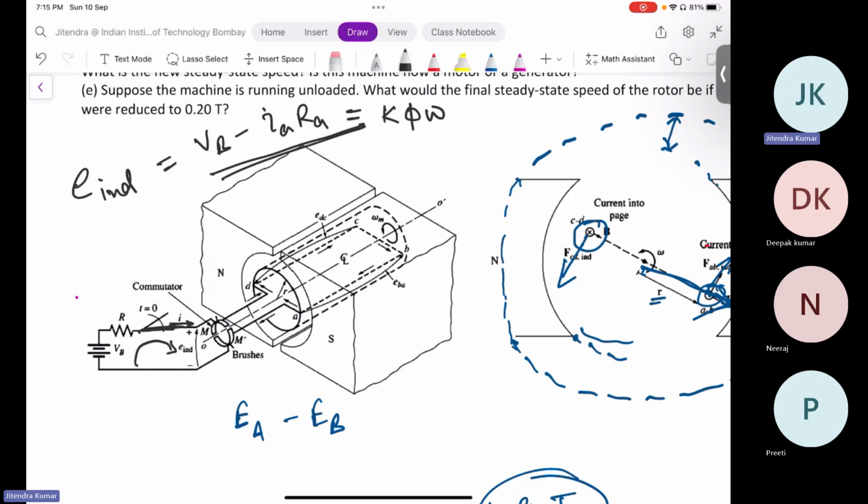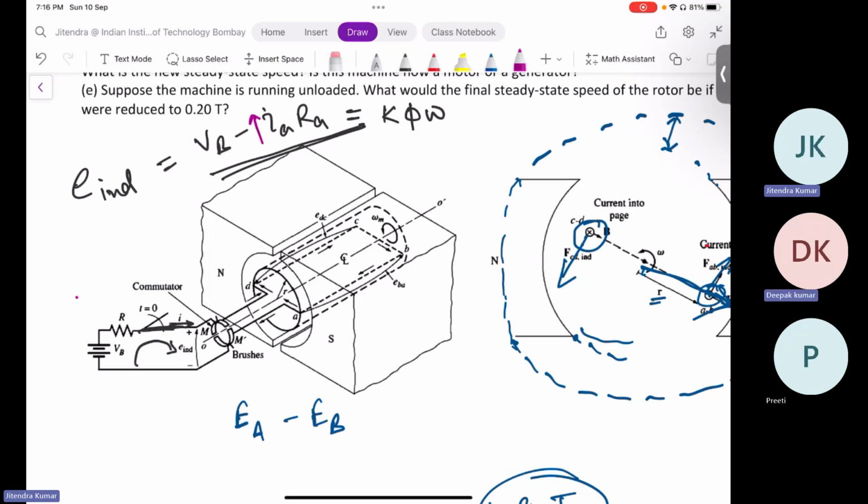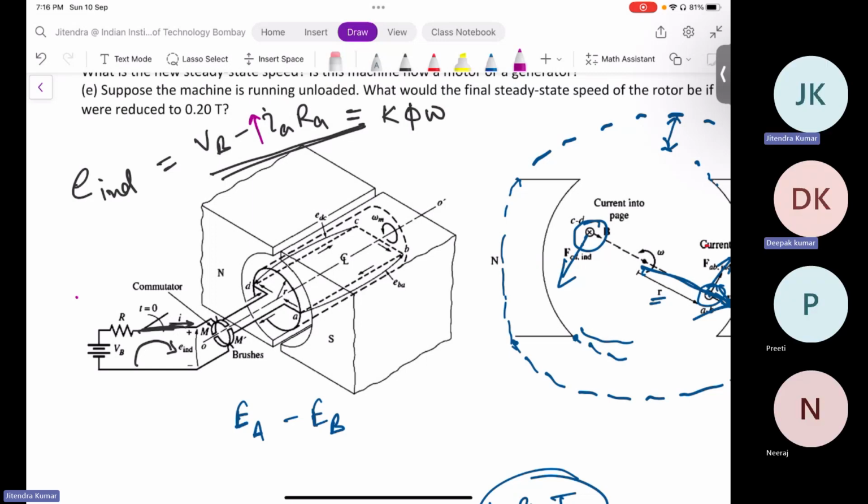Now what will happen as you increase this load? Initially it was at no load, now you are increasing the load. What is happening to the induced EMF?